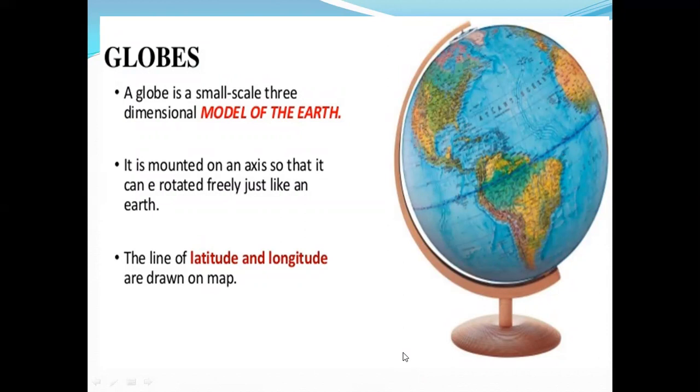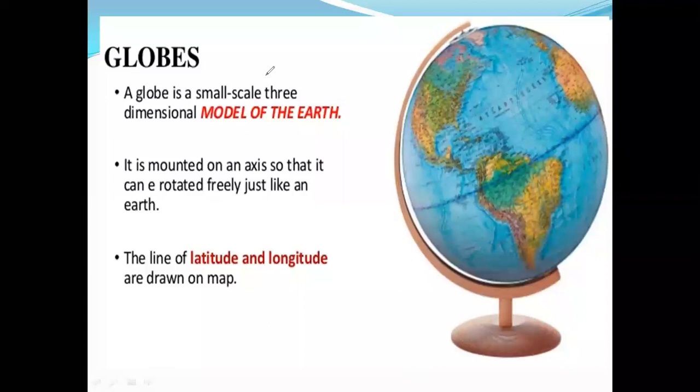Globe is a small model of the earth and it is mounted on an axis, so that it can rotate freely, just like the earth. How will the globe rotate? It will rotate freely, like the earth only. It is one of the models of the earth.